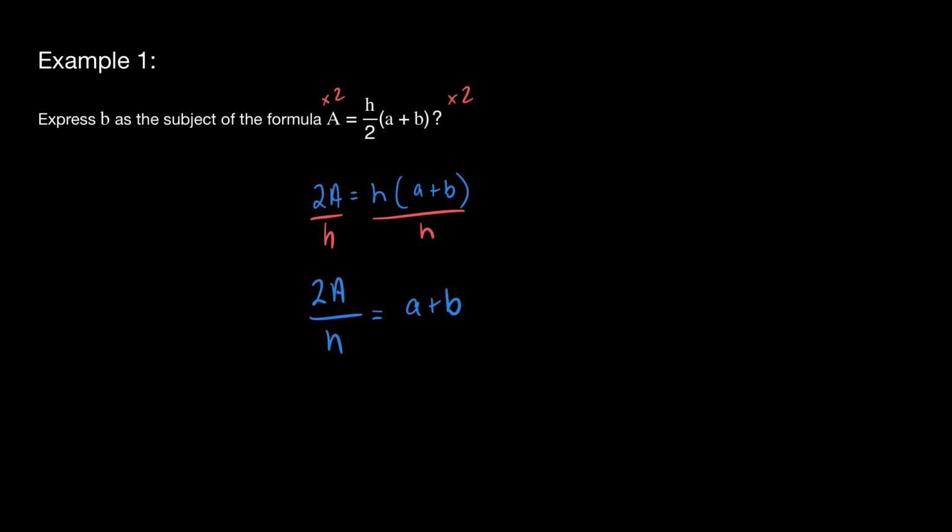And finally, I need to move that a to the other side. So I'm going to subtract a from both sides. And that will look like 2a over h minus a equals b. Or rewriting that, b equals 2a over h minus a.